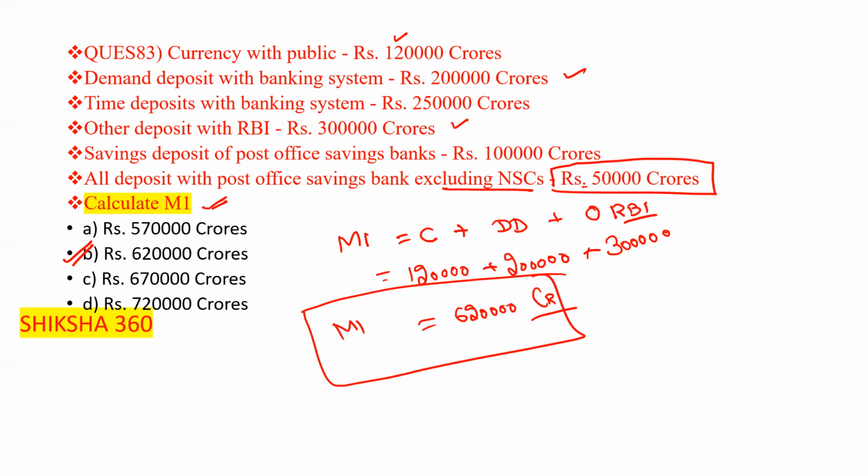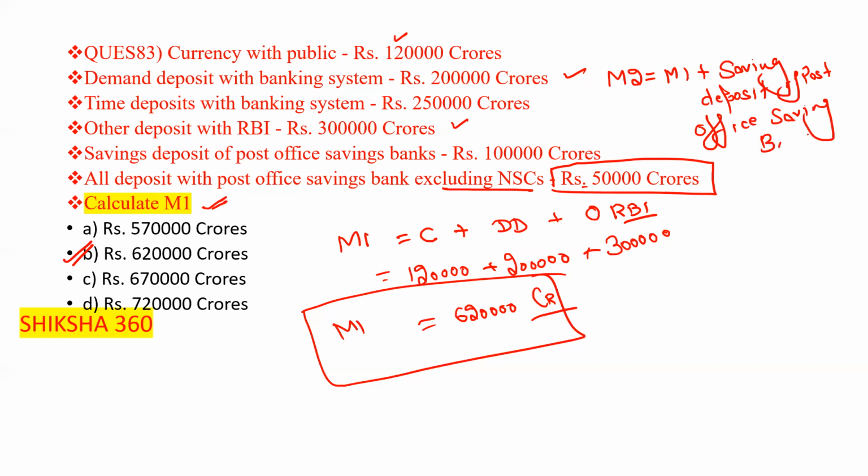If they are asking what is the M2, please tell what the answer is. M2 is equal to M1 plus saving deposits of post office saving bank.